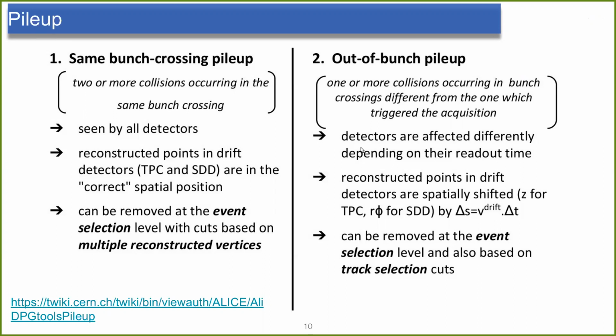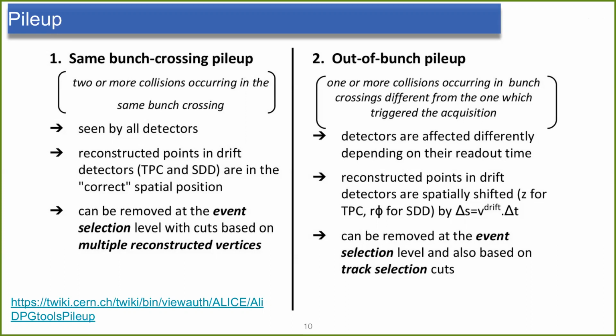What does that mean? For example, the SPD has a readout time of around 300 nanoseconds. So when you trigger an event where it has a hit on the SPD, it will see events in that bunch, and in addition it can see events in the neighboring 12 bunches.